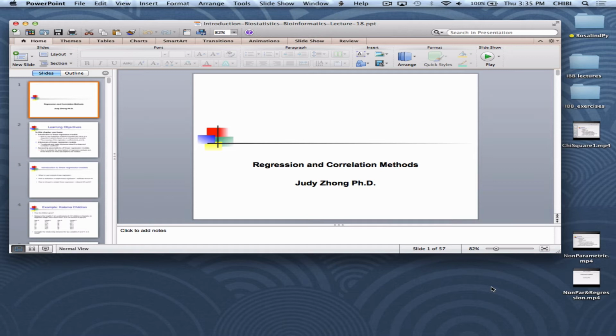And then we talked about the chi-square test, Fisher exact test, and contingency table. Essentially, we gave you all those options that you can test.